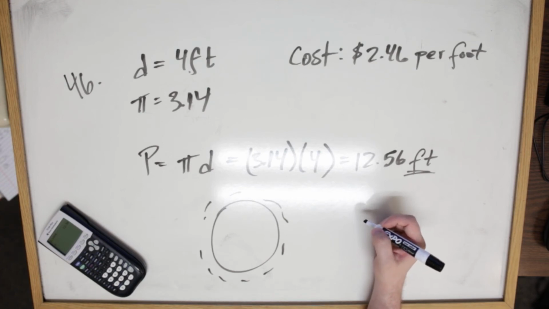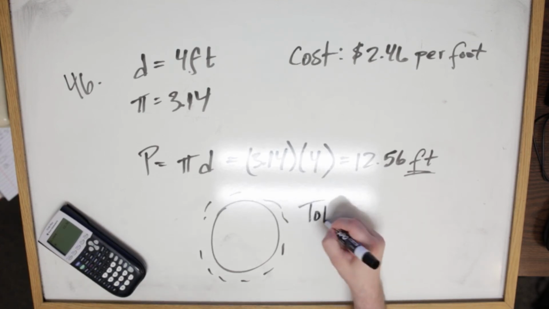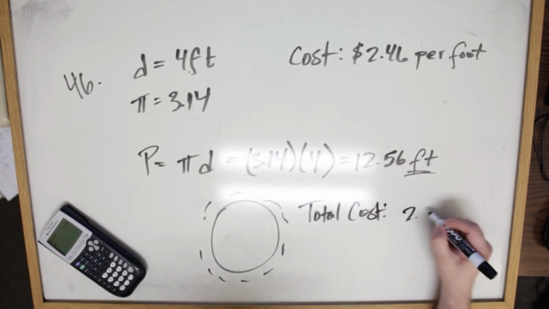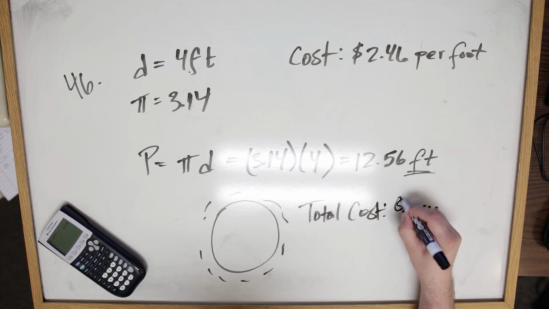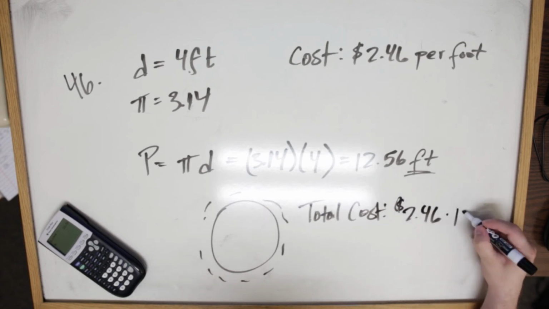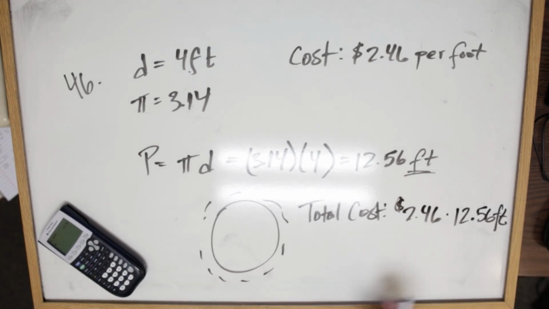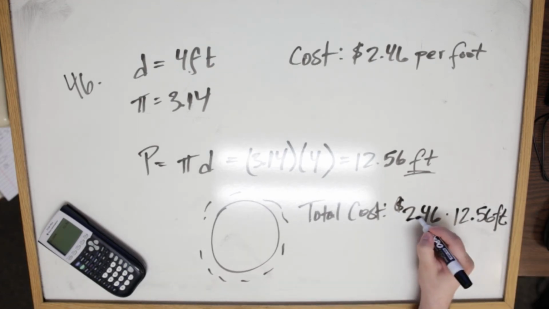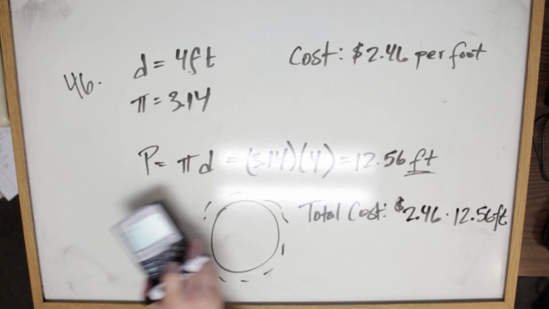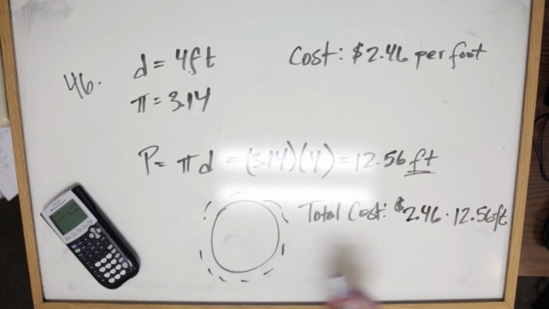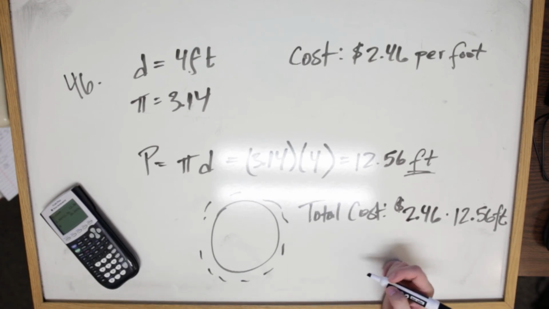So the total cost is going to be $2.46 times 12.56 feet. Now we'll punch that in again. So 2.46 times 12.56 is equal to 30.8976.